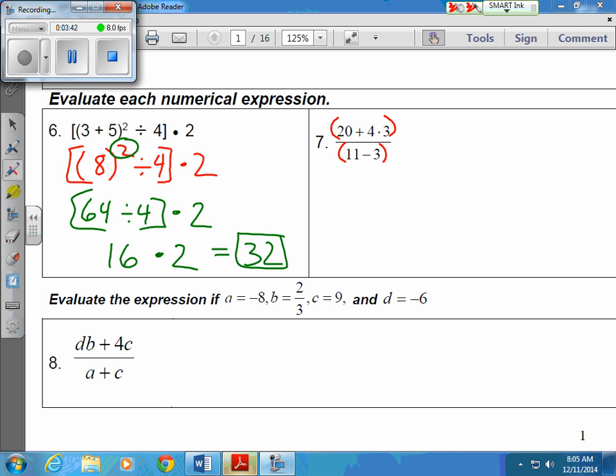Order of operations, what do we do first? 20 plus 12. And then on the bottom, okay, so we get 4.